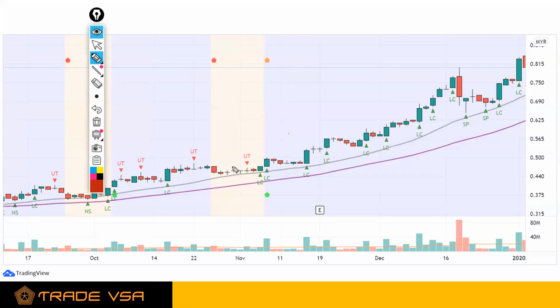But again, if you realize, with my kind of pullback setups, most of the time my chart doesn't come with a climactic uptrend.